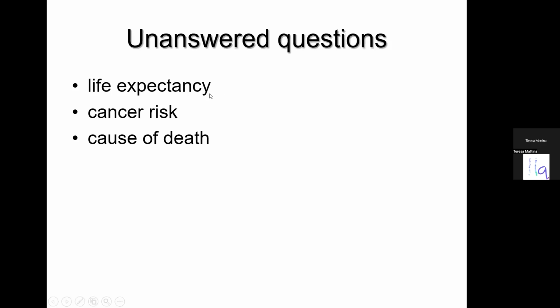So there may be adults that don't even know they have Jacobsen syndrome. We don't know if there is a cancer risk. There are very few reports, a couple, and we don't know the cause of death, but mostly it is hemorrhage and severe, untreatable infections.